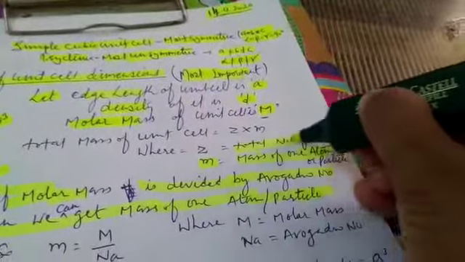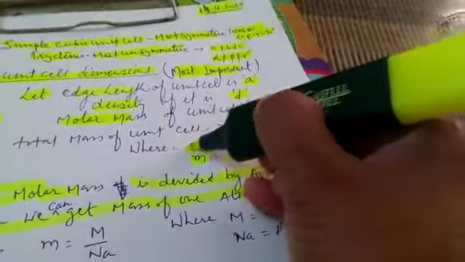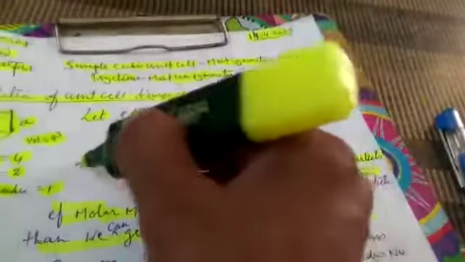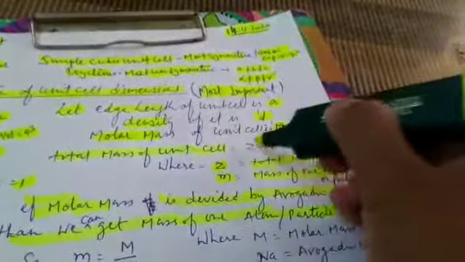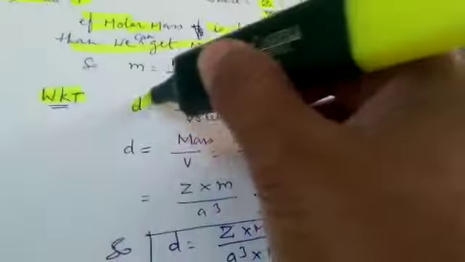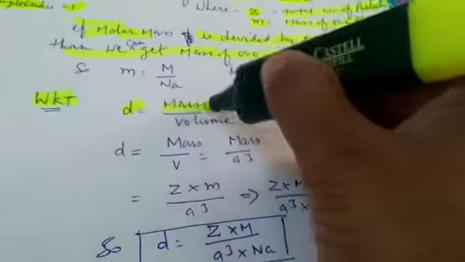and the total number of particles in the unit cell is Z, then the total mass of the unit cell will be Z into m. And we know that density is calculated as mass by volume.